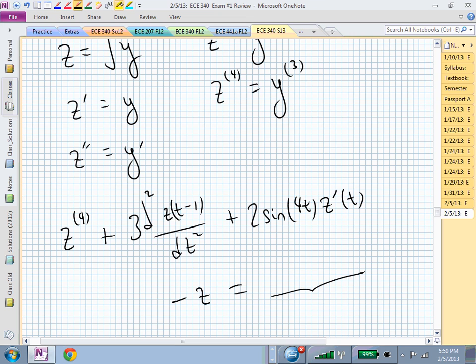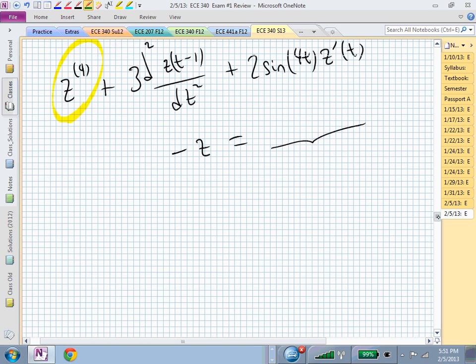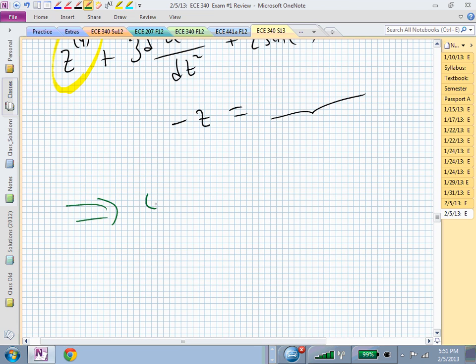And the key thing is I've now figured out that my system is fourth order, effectively. Yes, so now there's effectively 4 energy storage devices in that system that gave rise to that differential integral relationship.